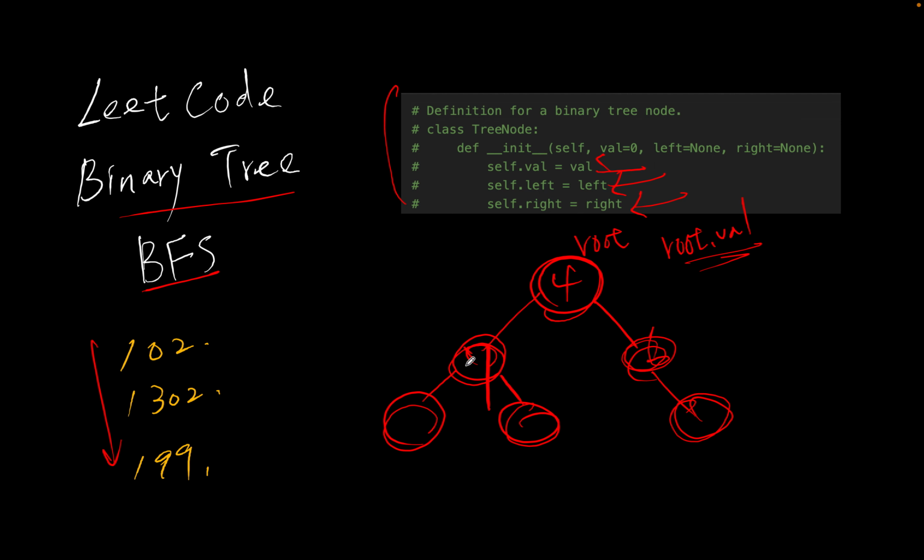And how can we get the 7 node? We can use root.left and the root.right will be this 6 node.